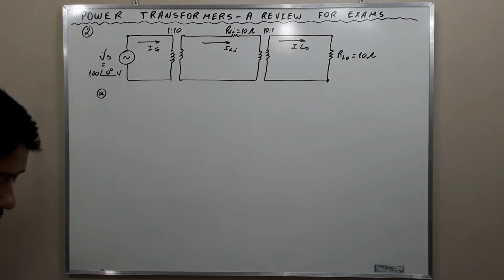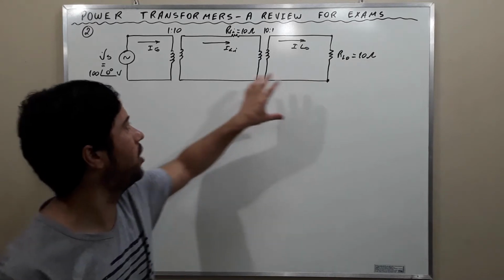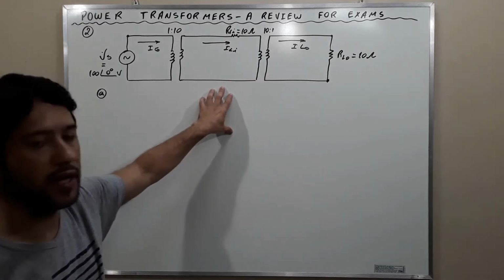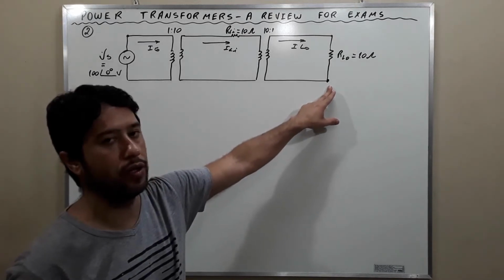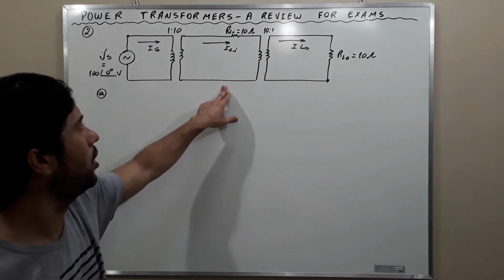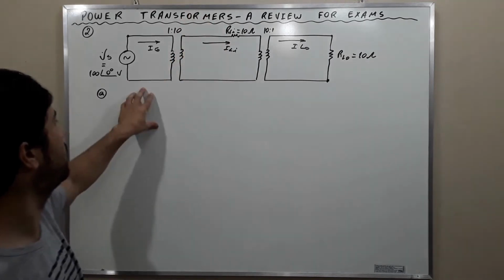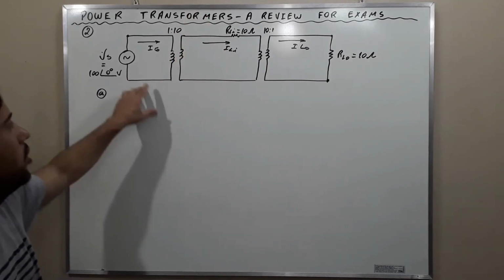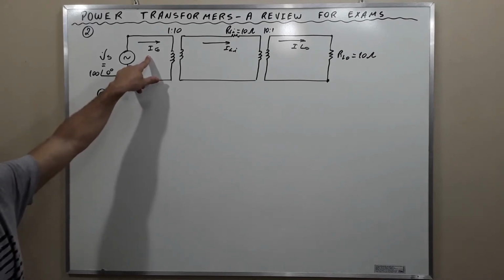Firstly, we refer the load impedance to the line region. The technique that we are going to use: we refer the load impedance to the line region, combine it with the line impedance, and refer it to the region of the generator to calculate the current of the generator.